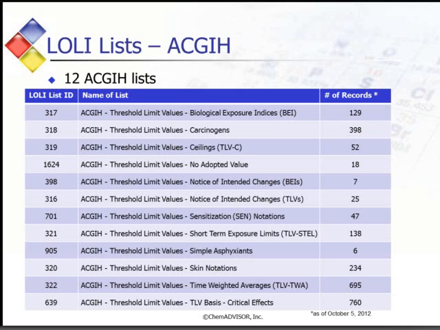Looking at the ACGIH list, we include information, again, on skin notations or carcinogens and sensitization, as well as occupational exposure limits, the threshold limit values that would be included in Section 8 of your safety data sheet.